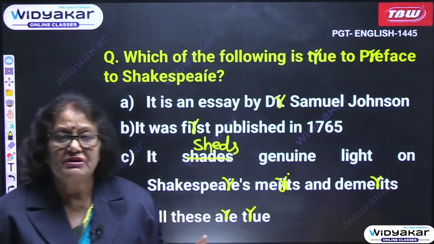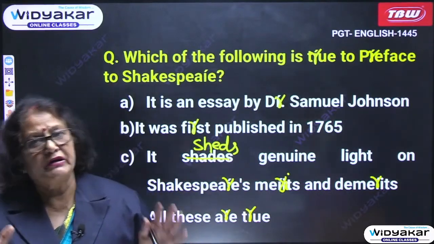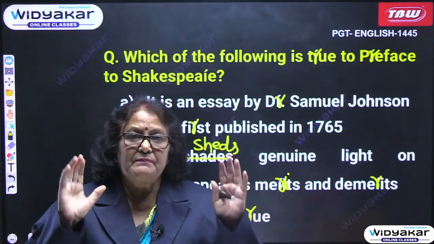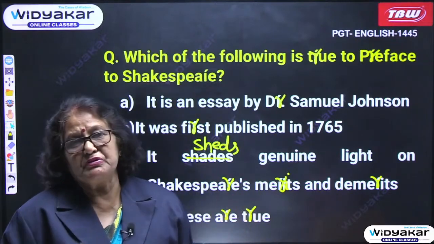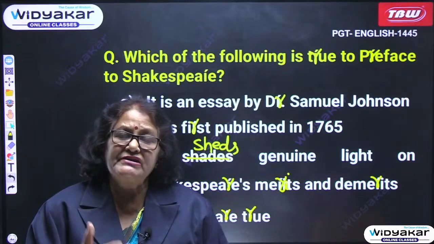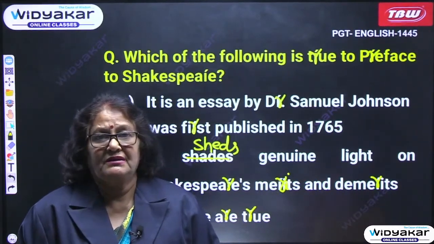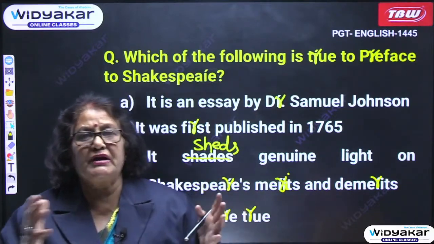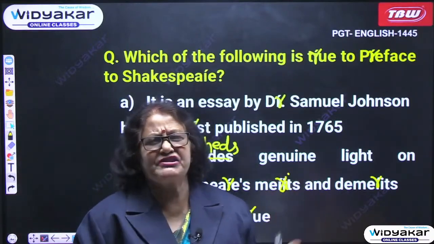It is also true, because in Preface to Shakespeare, I have already finished the content part. Johnson got a proposal that he would publish an edition of Shakespeare by subscription. People give me money, and with that money I will arrange everything and publish. Many adulterated editions of Shakespeare were coming out.